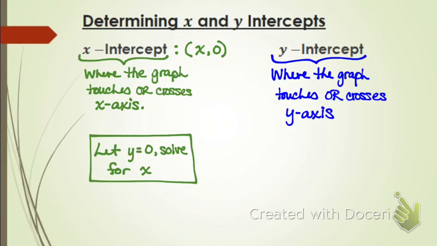What do ordered pairs for y-intercepts look like? 0 and then whatever the y value is. So how could I find a y-intercept algebraically? Let x equal 0 and then solve for y.